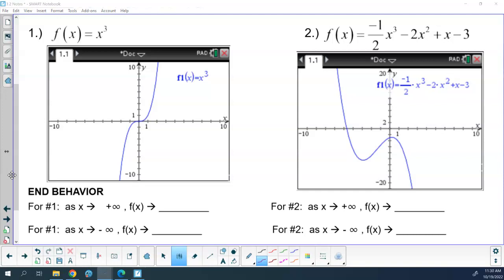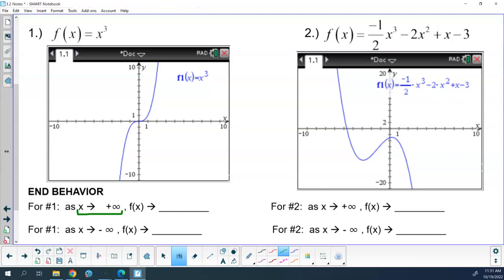All right. So what I'm asking here is the end behavior. As x approaches positive infinity, that's saying the right side of my graph. Where is my function headed? I've got three choices for where it's headed.